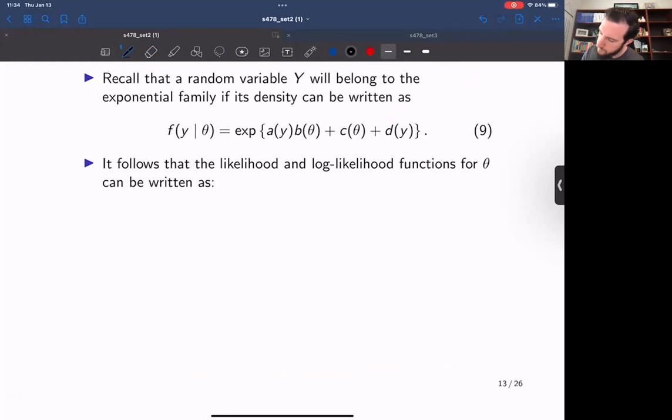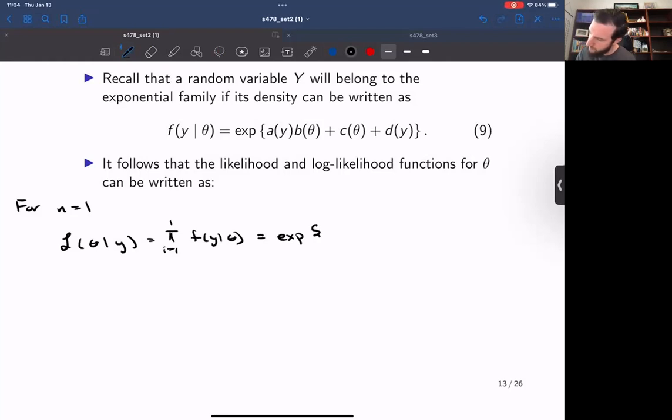Okay, so for little n equal to 1, we have the likelihood of theta given y equal to the product over i equals 1 to 1 of f of y given theta, which is simply the original expression. So this is our likelihood function.